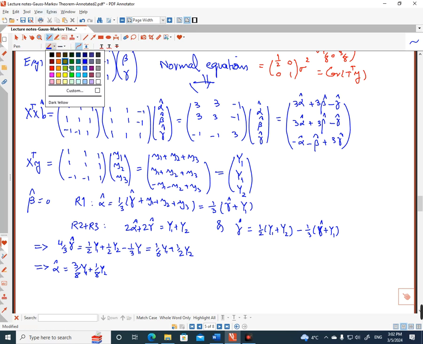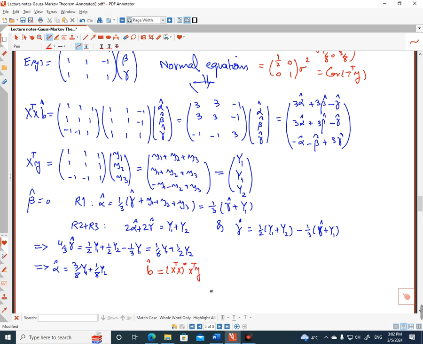But let me use another color. But remember, b hat is equal to x prime x generalized inverse x prime y, and I can use this.